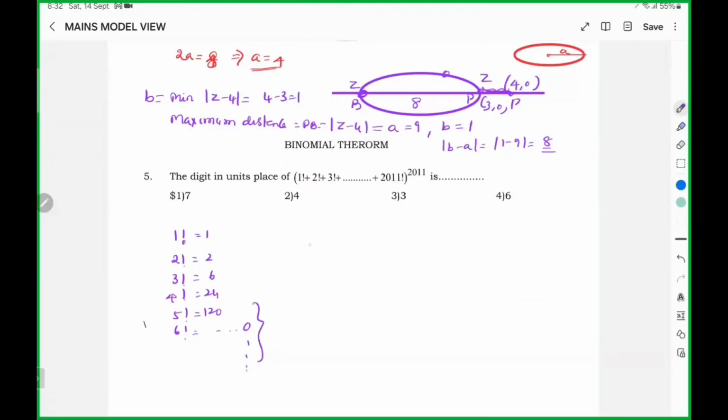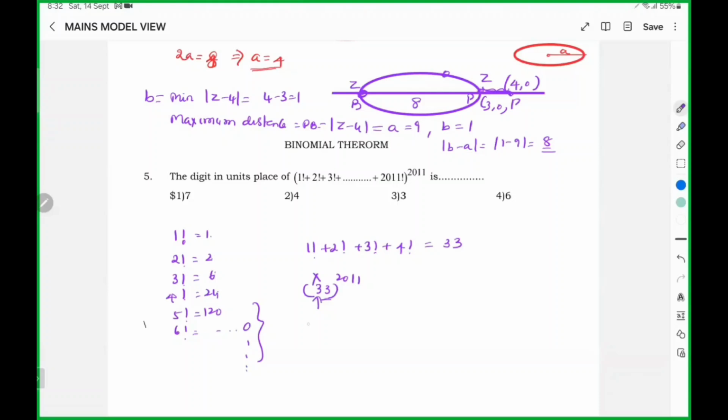So here if you add 1 factorial plus 2 factorial plus 3 factorial plus 4 factorial, 10, 12, 13, 32, 33 we get. So that is 33 power 2011. Because we want the units digit, the tens digit is also useless for us.